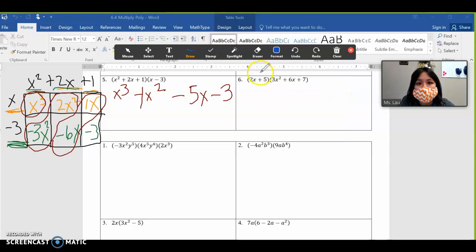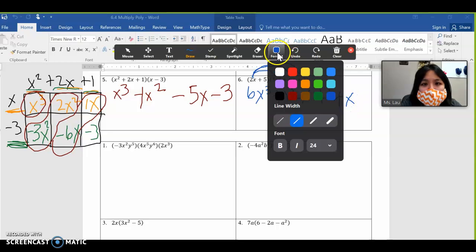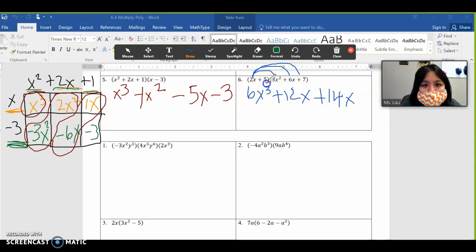Okay, for this question, I'm just going to distribute like I did in the last one. So you can do the box method, makes it pretty simple, or you can just distribute. So 2x times 3x squared, so that's 6x to the third. 2x times 6x is 12x. 2x times 7 is 14x. 5 times 3x squared.